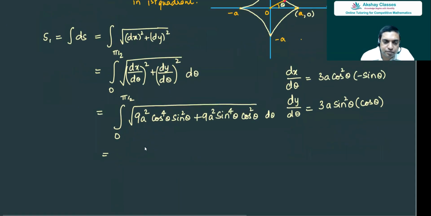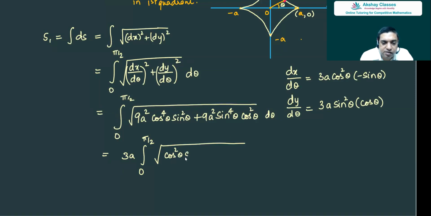Pull out 9a square outside the square root. So you'll get 3a integral 0 to pi by 2. We have under root, take cos square theta sine square theta common.